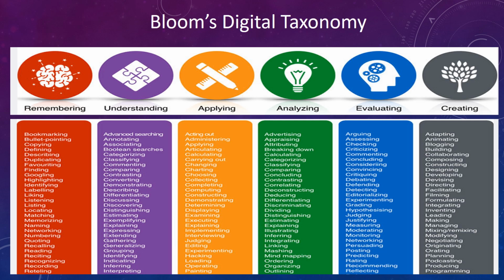In remembering, we see things such as bookmarking, bulleting, copying, defining, describing, labeling, locating, matching, networking, recalling, recording. Under understanding, we see advanced searching, categorizing, classifying, contrasting, demonstrating, grouping, identifying.